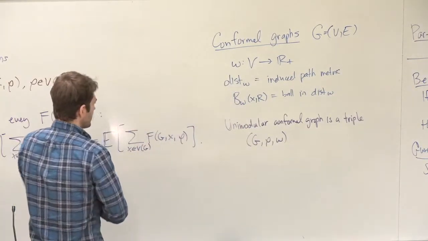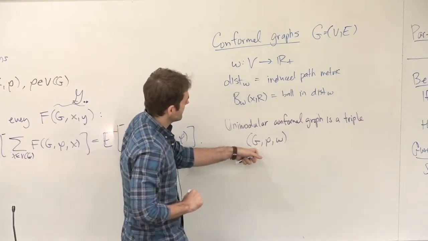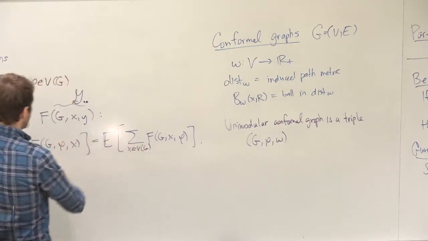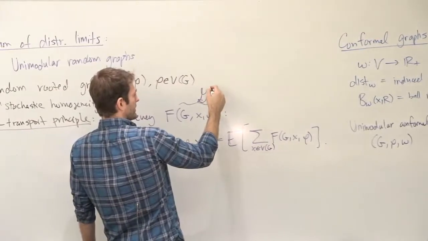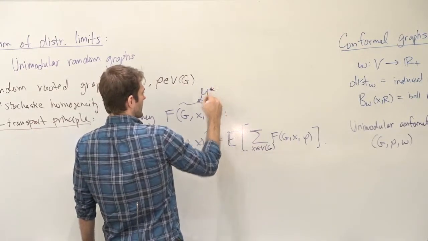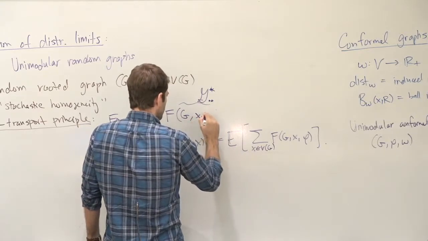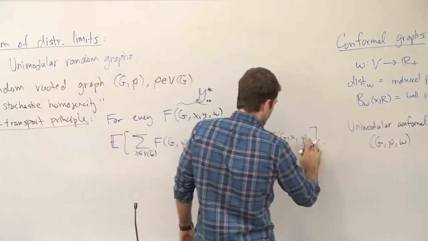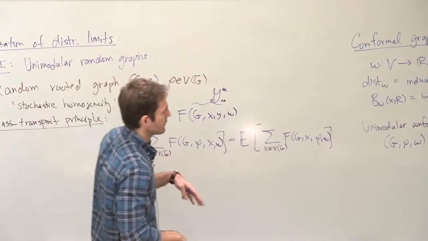I don't want to belabor this point, but this triple should be unimodular as a marked graph, in the sense that if you want to update this definition so that it applies, then you need to increase this class so that it also contains weight functions, and then you need to change the definition like this. Okay, so that's the definition of a unimodular conformal graph.